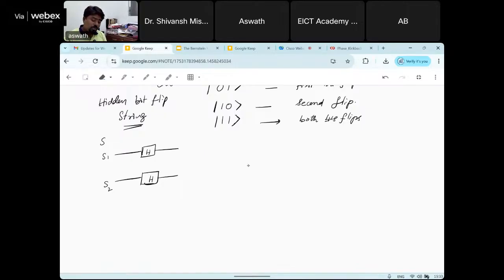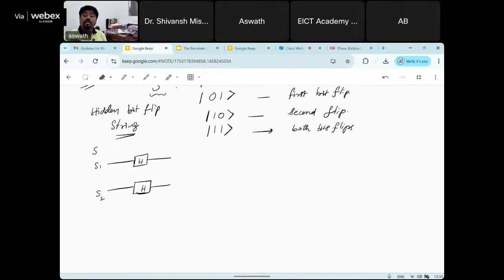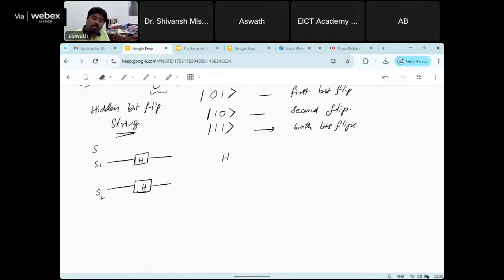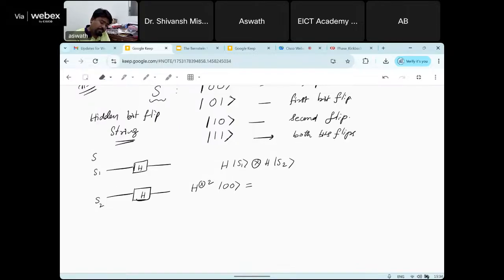Mathematically, what I was showing on the paper is equivalent to shining 2 Hadamard photons, or pi by 2 pulse photons, onto the location where an error is being created. So let me do Hadamard acting on S1 tensor Hadamard acting on S2. In short, I will write it as Hadamard squared on 00 in the first case.